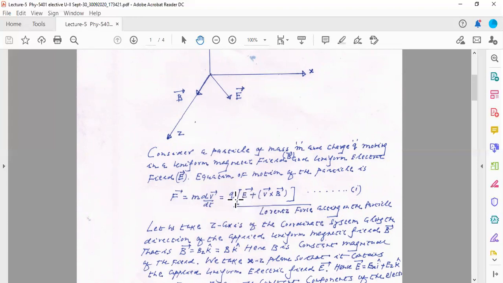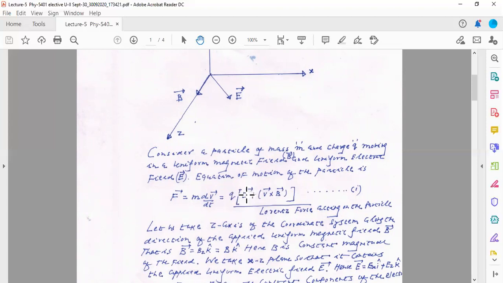Here you see that I wrote the expression of the Lorentz force where q is the charge carried by the particle. You have ion and you have electron. So we have to take care about the sign when we write the expressions of the Larmor frequency and some other expressions.